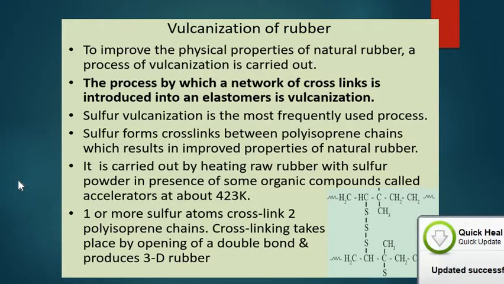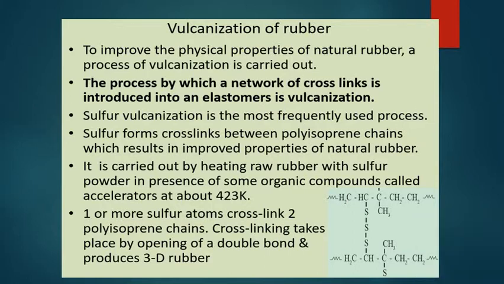Sulfur is the element frequently used for this process, and sulfur forms cross links between the polyisoprene chains, which results in the improvement of the properties of natural rubber.